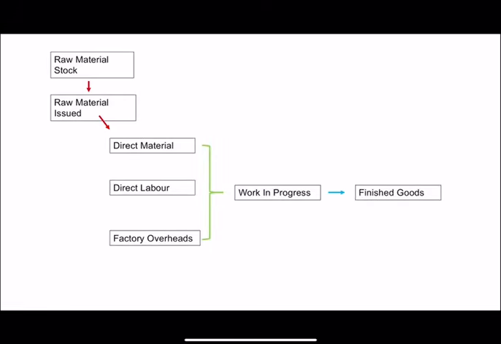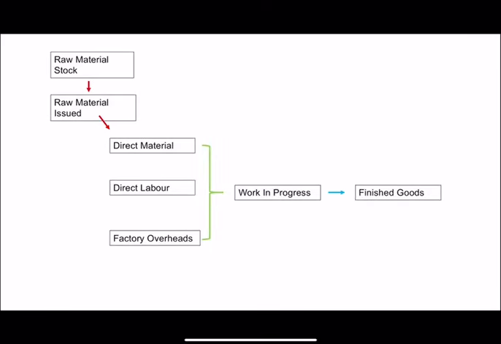When we're doing clothes, we need to include the material, the labor, and the factory expenses in order to make that t-shirt so that we can get a proper cost of how much it cost us to produce that t-shirt before we sell it to the retailers.